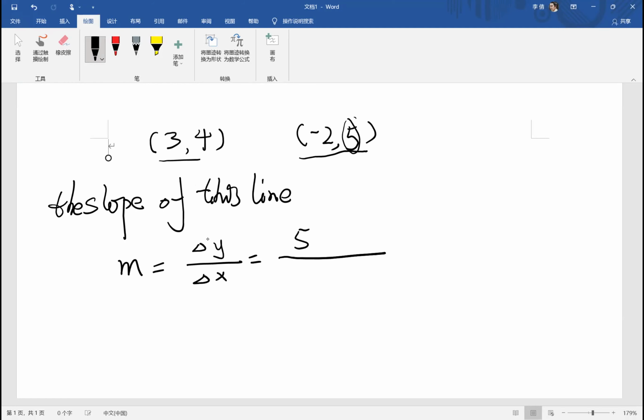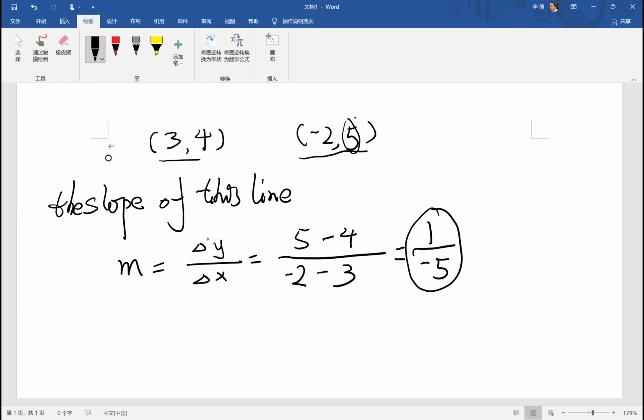And then delta x can be computed by -2 minus 3. It will be 1, and then this is -5. So the slope of this line is -1 over 5.